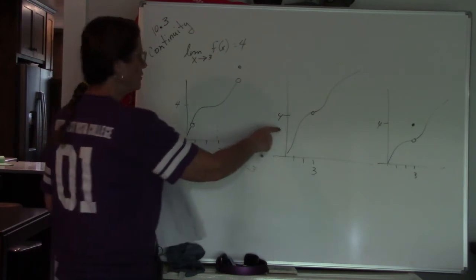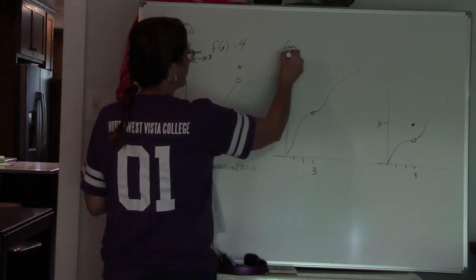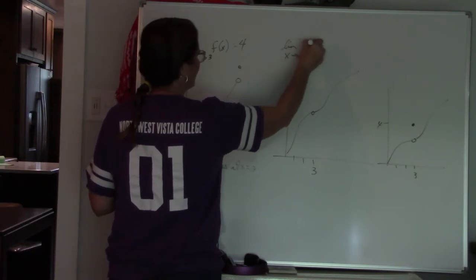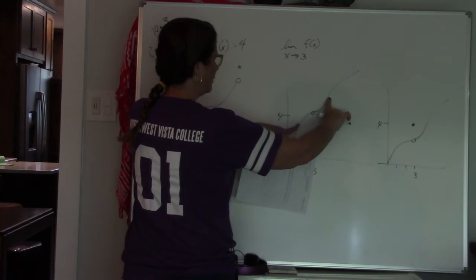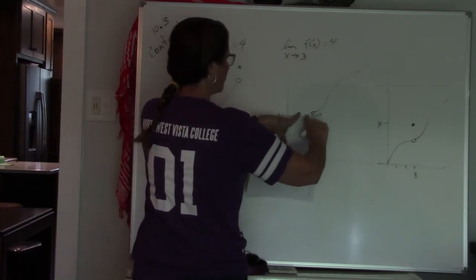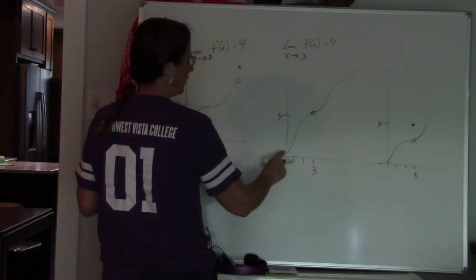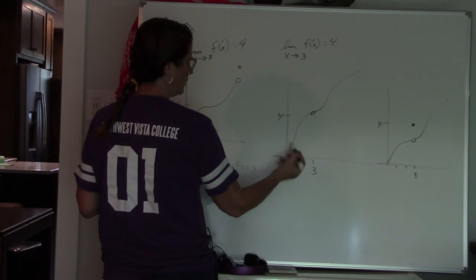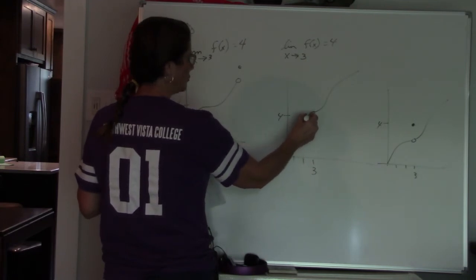Okay, so look at this one. The limit as x approaches 3 of my function, even though there's a hole there, the limit does exist, right? My fingers are coming together at y equals 4. But there's a hole there. That means it's a jump. If I were to have this pen and I'm following it along, in order to get past this hole, I have to jump.